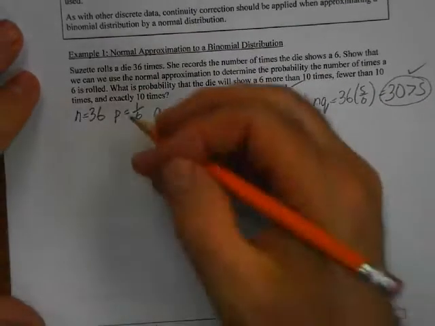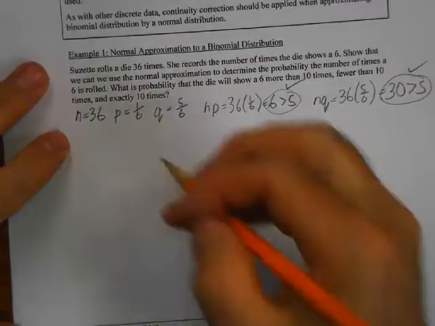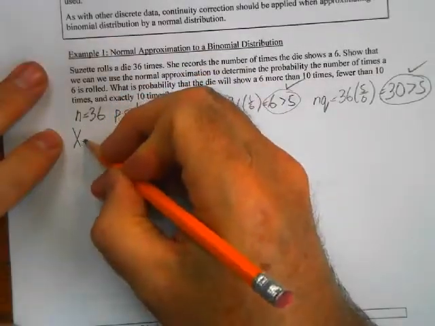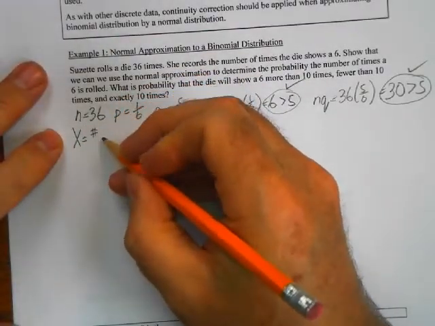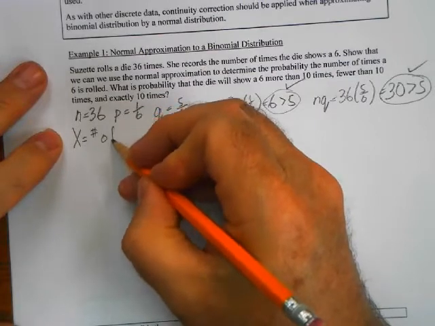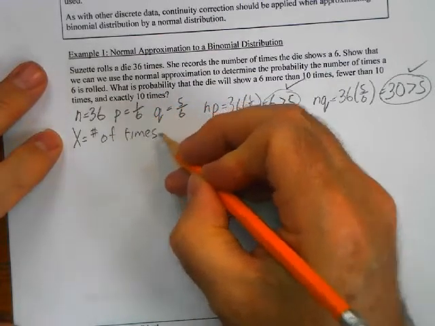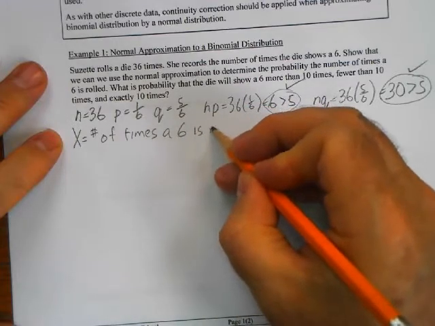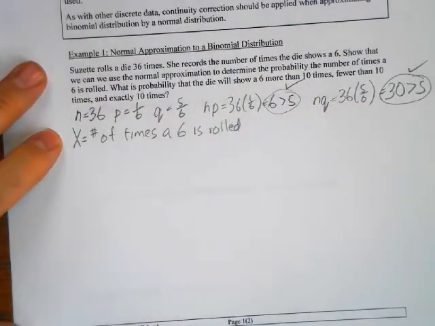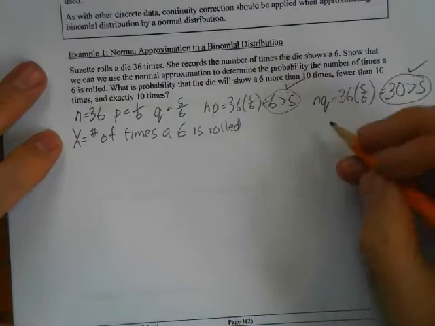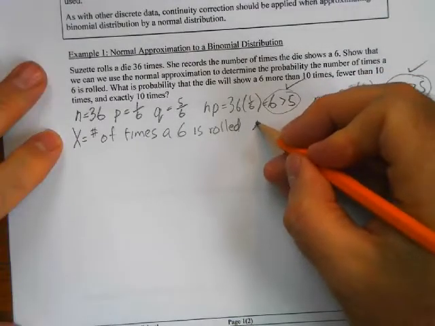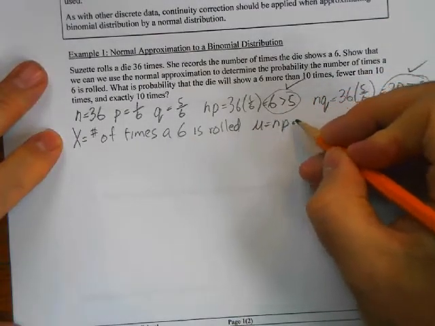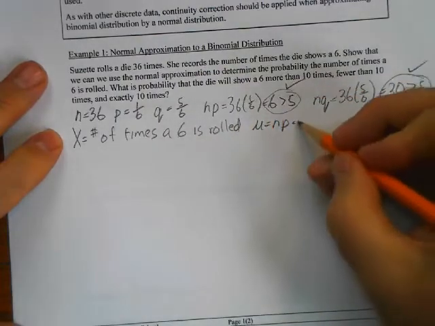Okay, so let's set this up as a normal distribution. We need a random variable x. It's going to be the number of times a 6 is rolled. Okay, and let's get our mean and our standard deviation. So our mean is np, which we already calculated up there. It's 6.